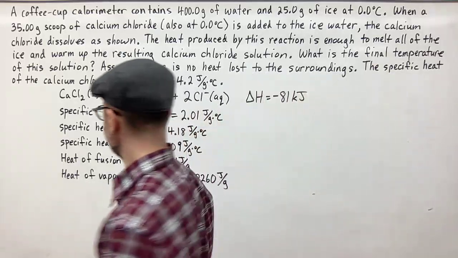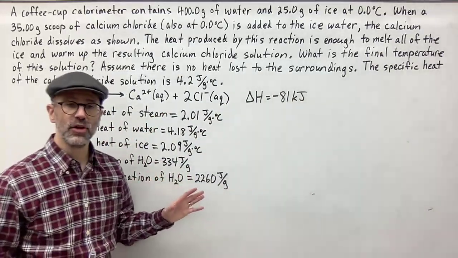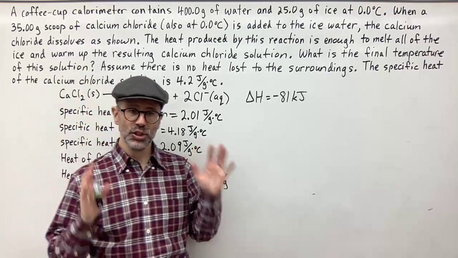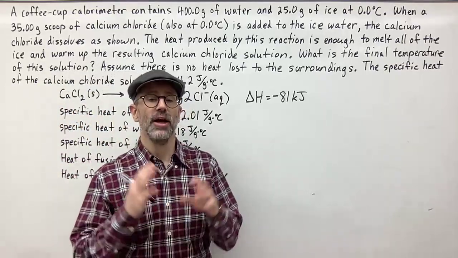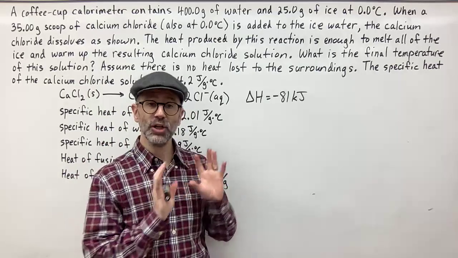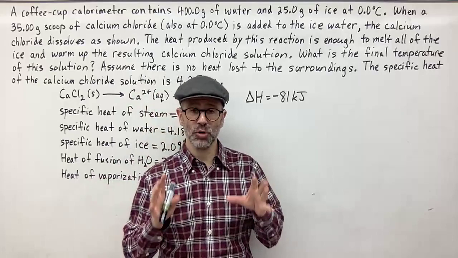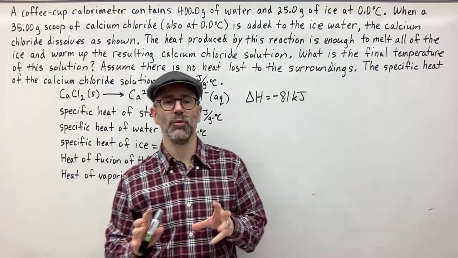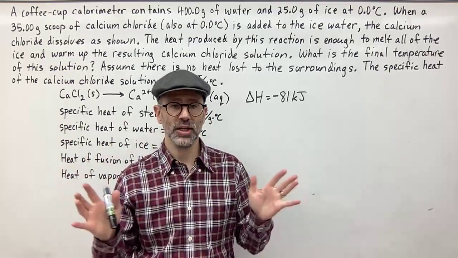So let's go ahead and lay out what we need. Whenever you're doing these sorts of calorimetry problems, you need to first figure out what is giving off heat and what is absorbing the heat. Because we're assuming here that all of the heat that was created or transferred is not lost to the environment.